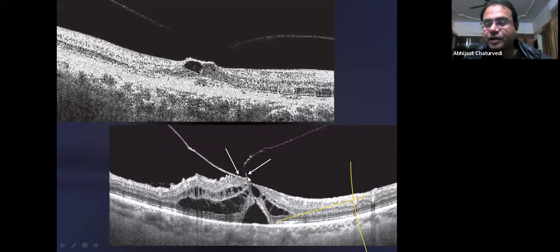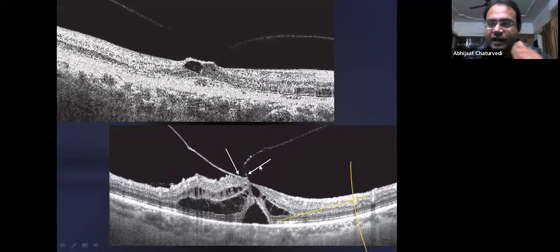If this traction is not resolved, ultimately this will convert into a macular hole. When I come to the macular hole slide, I'll show you how this actually gets converted. So people give injections for that, and I don't deny giving injections for this condition, but the reason for giving an injection is different.